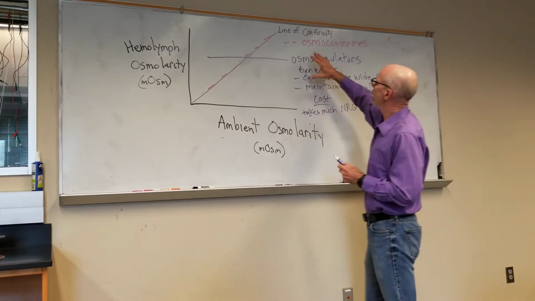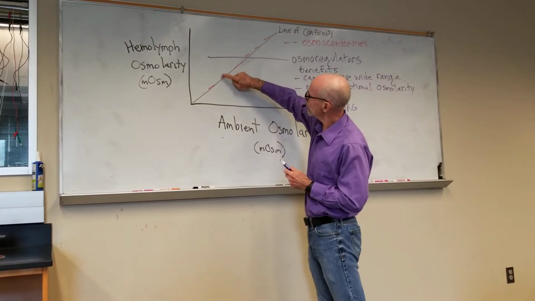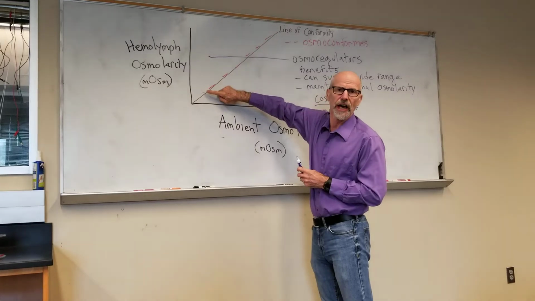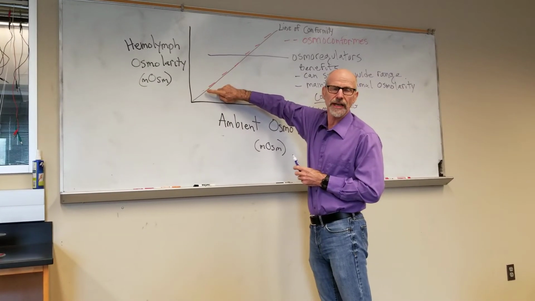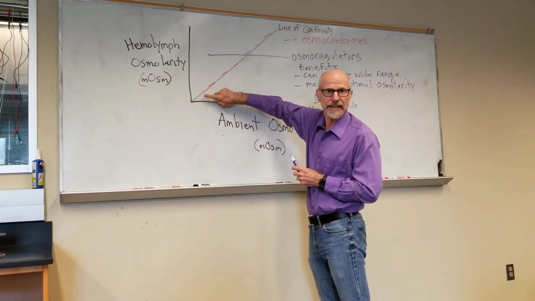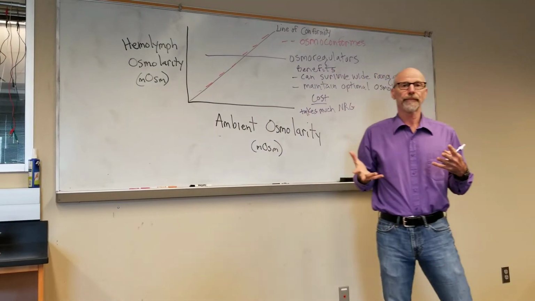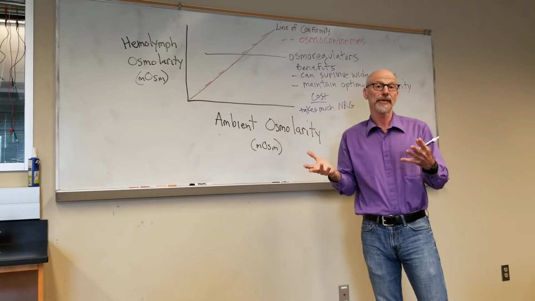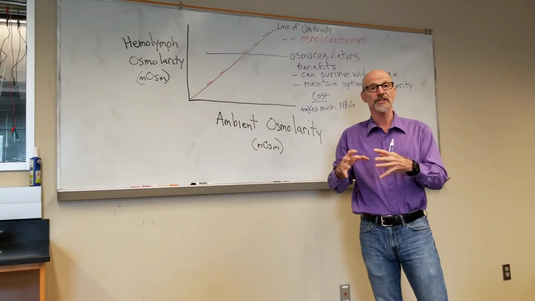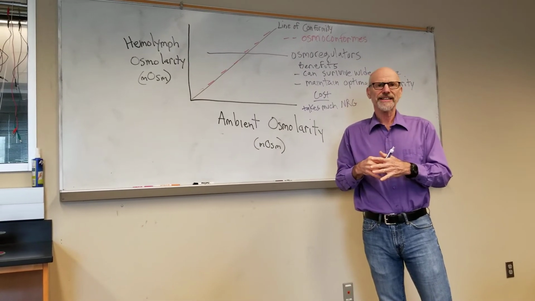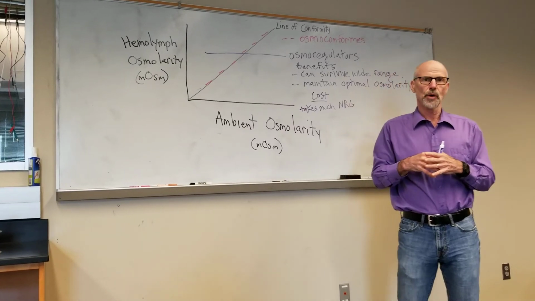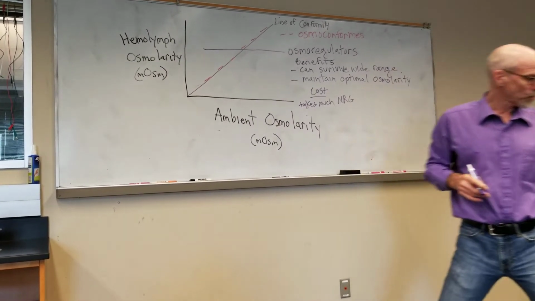So if a conformer moves into the lower concentrations, it's going to be more concentrated inside its body than the water that it's in. Water will flow in and make it swell up and possibly pop if it's an arthropod and it has an exoskeleton. So that's the danger of being an osmoconformer when you move into fresh water.